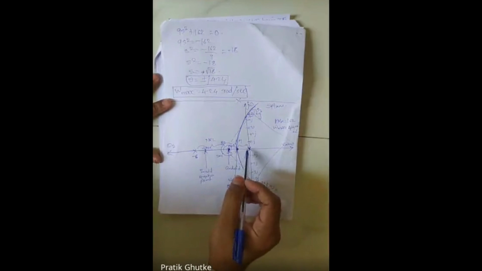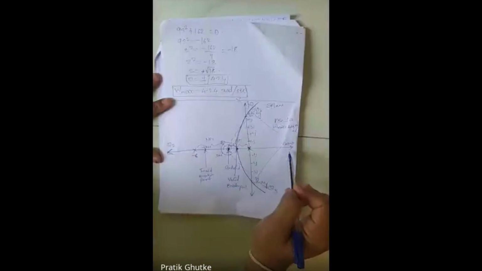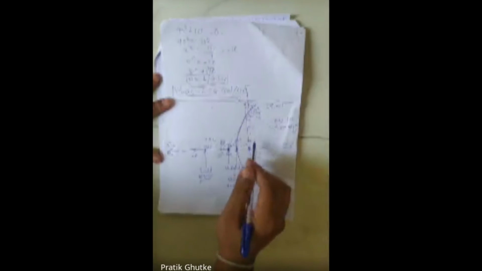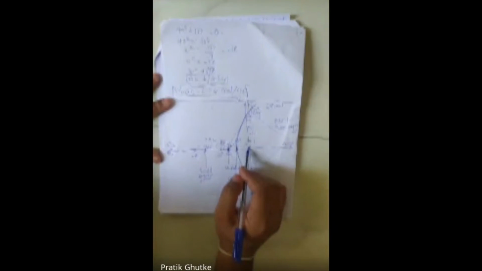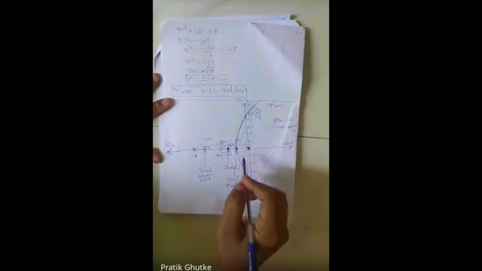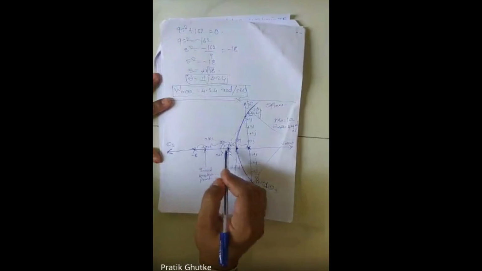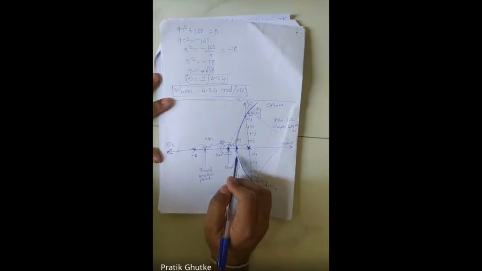So how to draw this root locus? On the graph page, first of all, you have to mark the j omega axis and the x axis. Then you have to plot the pole-zero mapping, that is, where the poles and zeros are lying. After that, you have to find the centroid on the x axis, where we have calculated it, and mark the centroid. From the centroid, I have to draw the angles of asymptote.